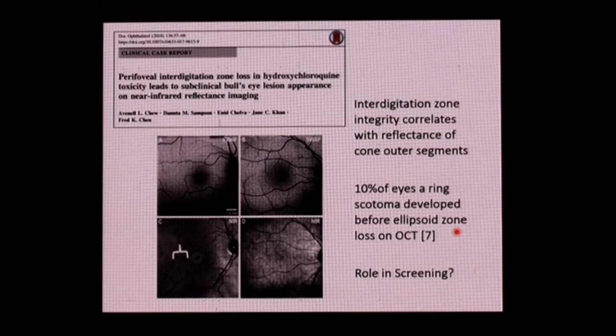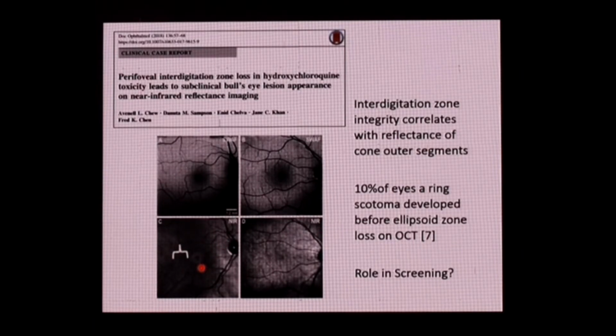This is some really nice work by Fred Chen, who's one of our ex-fellows, now in Perth, where he showed that in some of the patients with this ring scotoma present on microperimetry or multifocal electroretinogram, all the other conventional modalities are normal. With the infrared reflectance image, you get this bright central area.